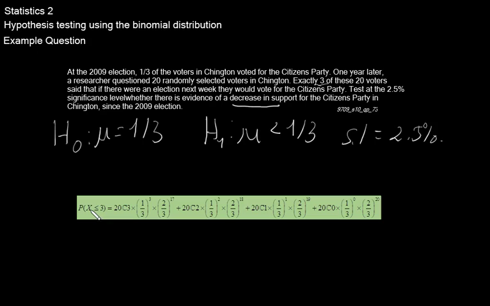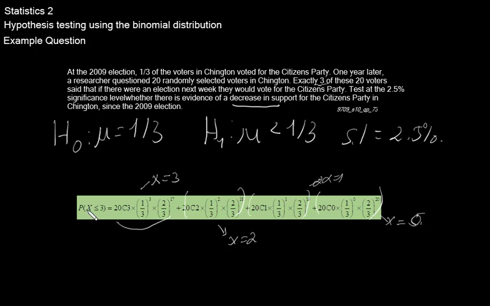So we have the probability of X being smaller than or equal to 3 is equal to this, and this is the probability that X is equal to 3. Here is the probability that X is equal to 2. Here is the probability that X is equal to 1, and here is the probability that X is equal to 0.